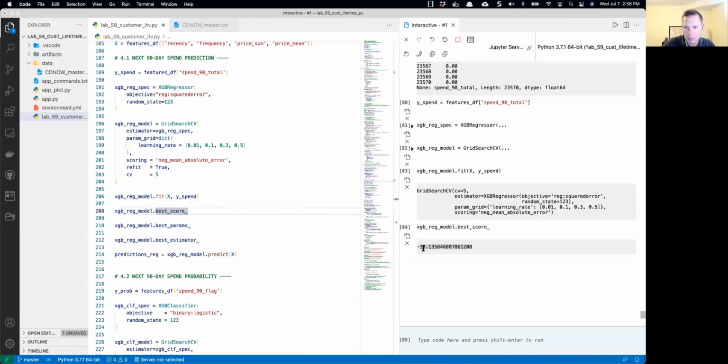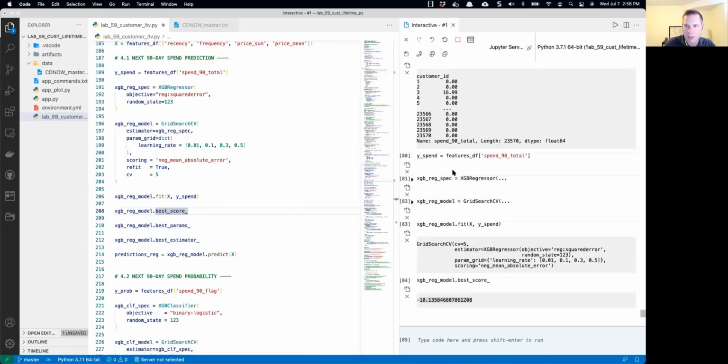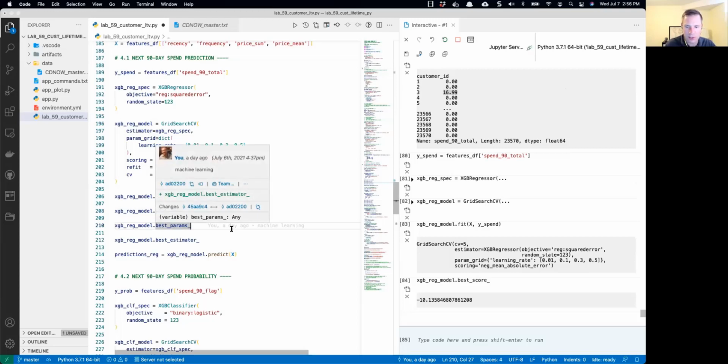So 10 means on average we're off by about $10 per customer. Keep in mind, $10 is probably not that bad because some customers are probably spending hundreds and hundreds of dollars in the next 90 days. So on average, our model is off by about $10 per customer.